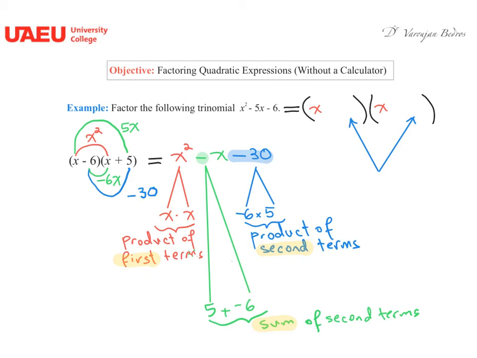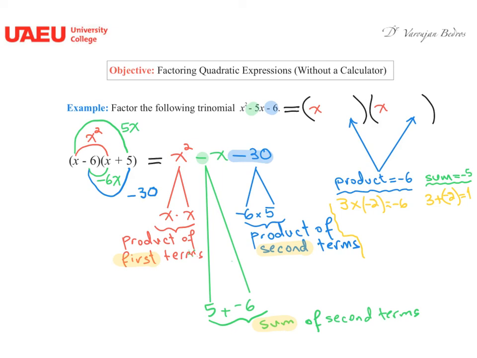As we noticed earlier, the product of these second terms must be negative 6, and their sum must be negative 5. What remains now is to guess these two numbers in any way we can. For example, the product of 3 and negative 2 is negative 6, all right, but the sum is 1, which is not negative 5.